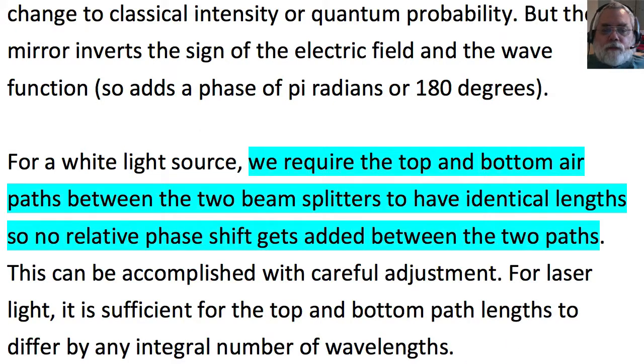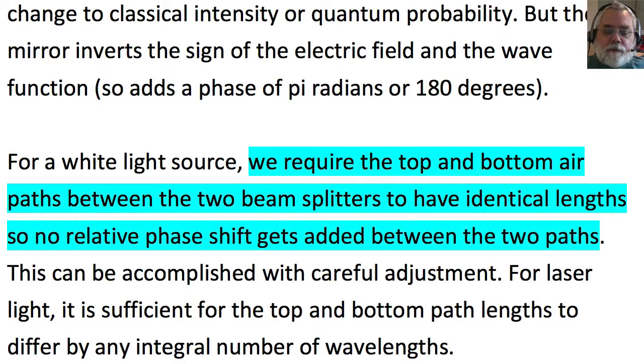For a white light source, the experiment requires that the top and bottom air paths between the two beam splitters have identical lengths, so there's no relative phase shift that gets added between the two paths. This can be accomplished with careful adjustment, and it was done this way in the 1890s, where they used white light.